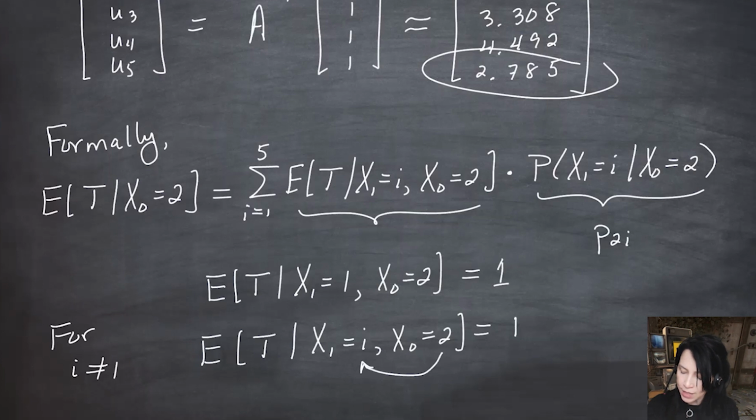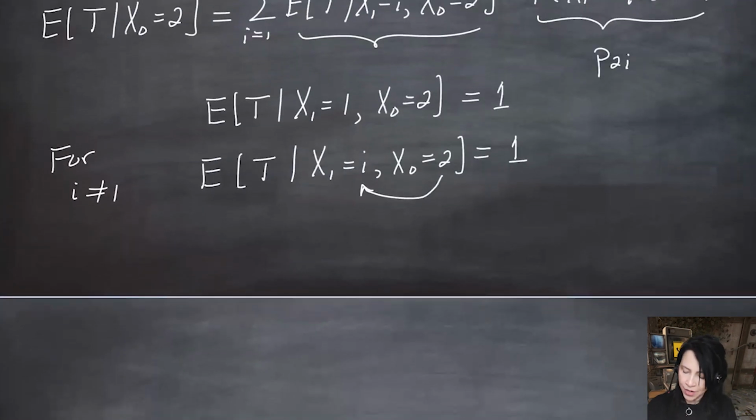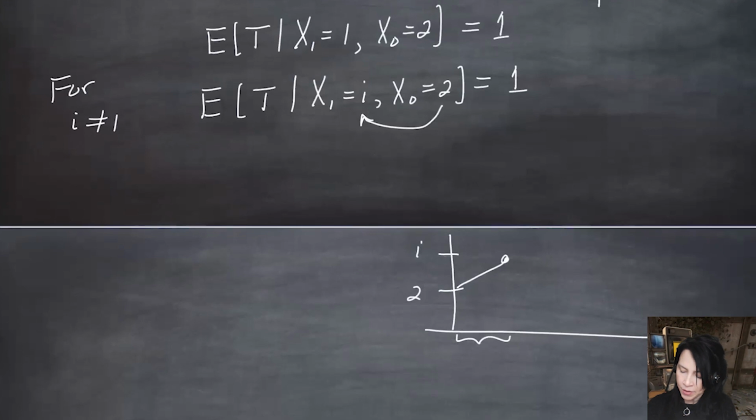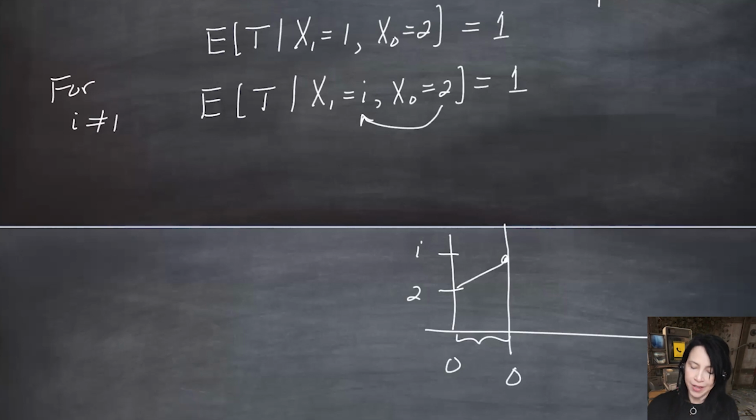So that is one step right there. And then we are now at state i. So I had a picture before. Let me draw that again. We're at state 2, and we've moved to state i. So we're going to count that one step. And then what was time 0, we're going to shift that over and consider this time 0.